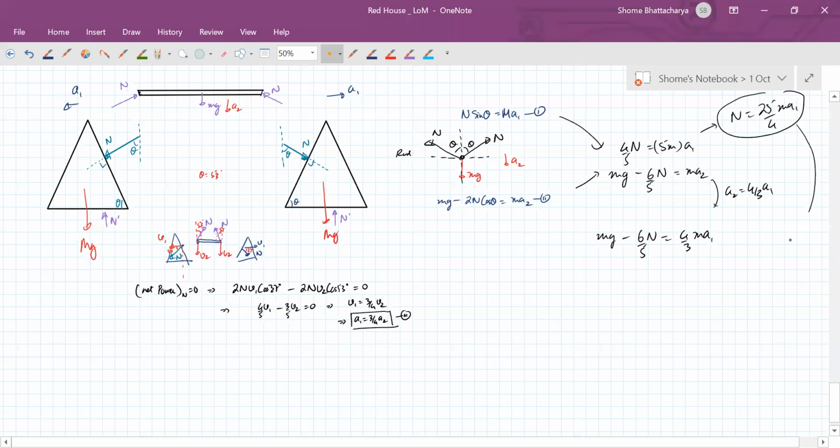We can substitute this also here. So mg minus 6 by 5 into 25 by 4 m a1 is 4 by 3 m a1.